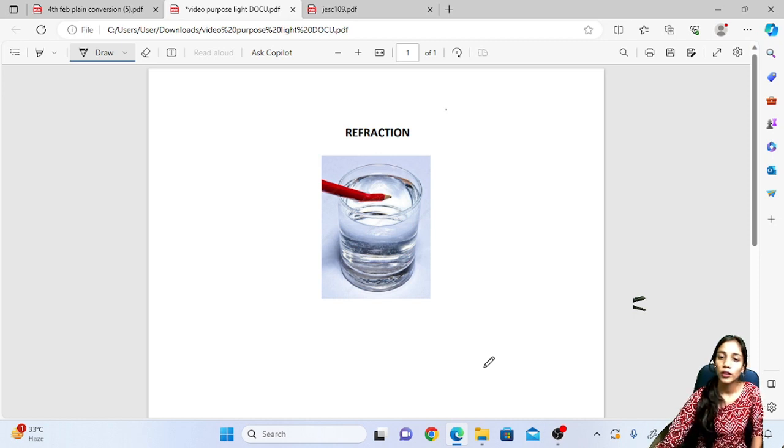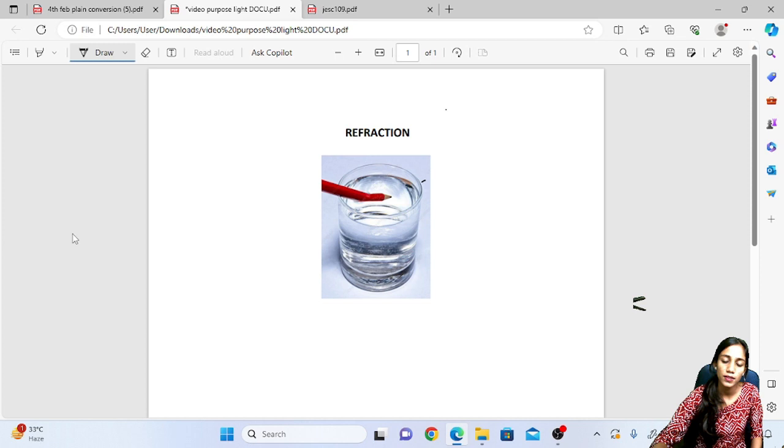Over here we can see a glass of water with a pencil immersed in the glass. Now we know that when a pencil is immersed, it should have appeared straight, right? But the pencil looks bent over here. The reason for this is the phenomenon of refraction.